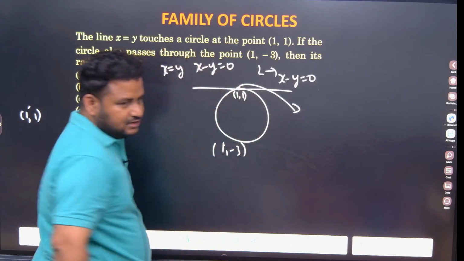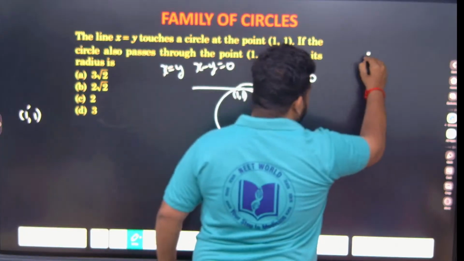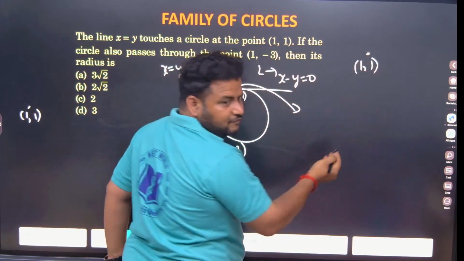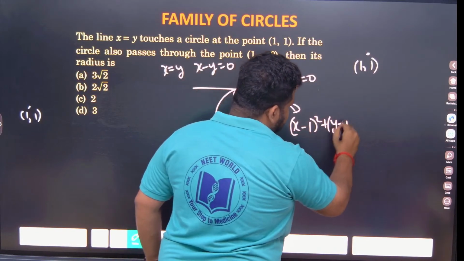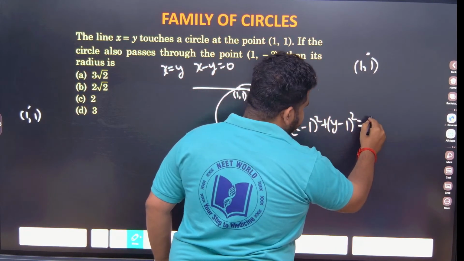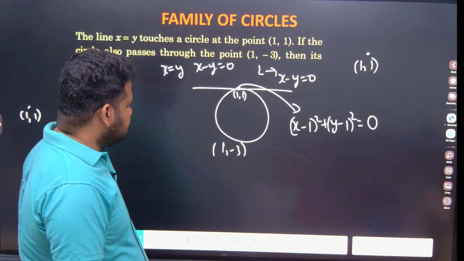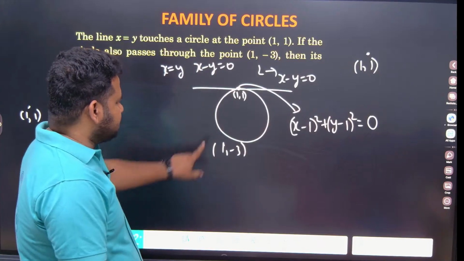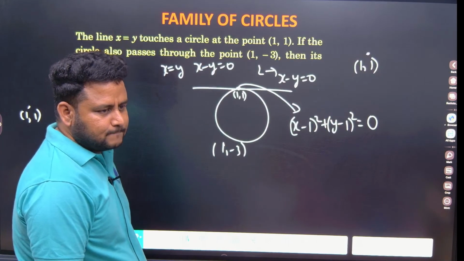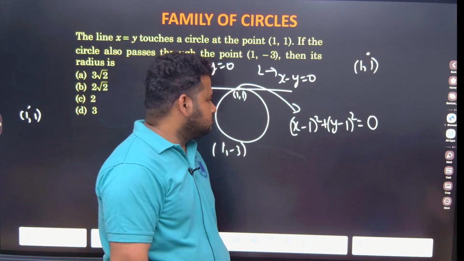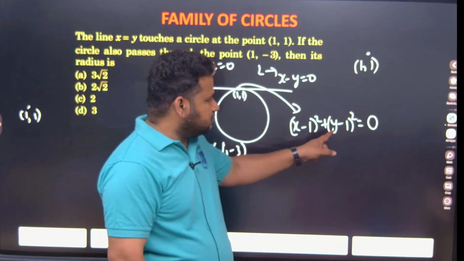If I write the equation for this point circle, with center 1 comma 1, the equation will become (x minus 1) whole square plus (y minus 1) whole square is equal to 0. Correct? Now this also passes through this point, so what should I write? (x minus 1) whole square plus (y minus 1) whole square is equal to 0.